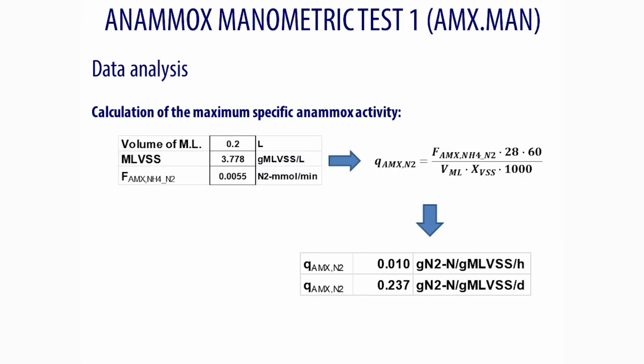Thus, the maximum dinitrogen gas production rate, which corresponds to the maximum ammonium oxidation rate, FAMX, ammonium to nitrogen, can be estimated as the difference between rate 2 and the average rate of rate 1 and rate 3.